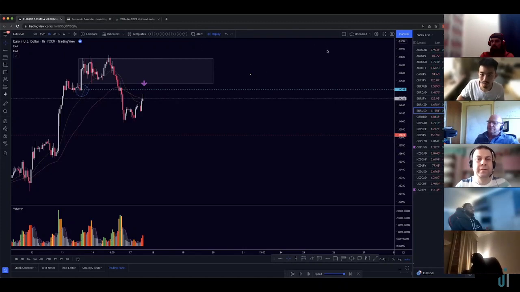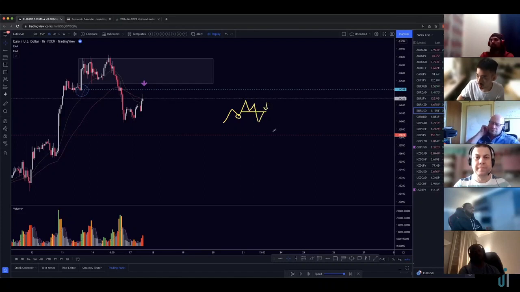So before going to 240, let me just show you what I mean here. The 60-minute trend kill, right? Yes. This area here should release, right?